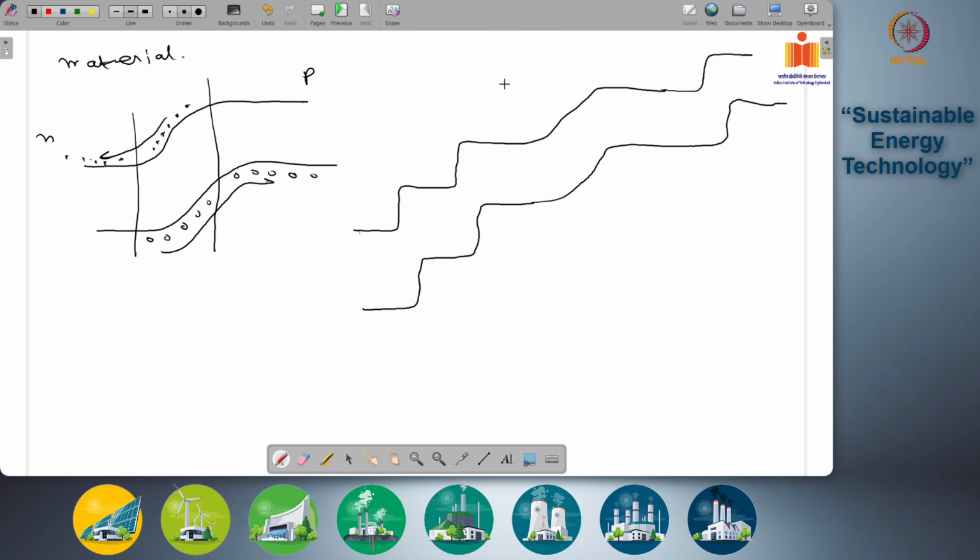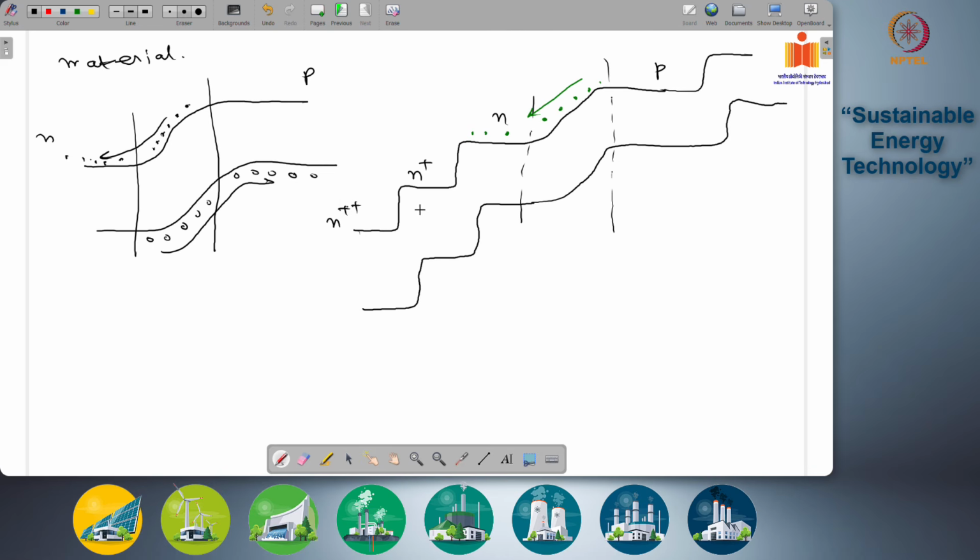So this is our N side, this is our P side, and this is our primary PN junction system. Now electrons are being generated here and are flowing in this direction and going here. Now what is happening in this section? We have further doping of N plus and N plus plus.